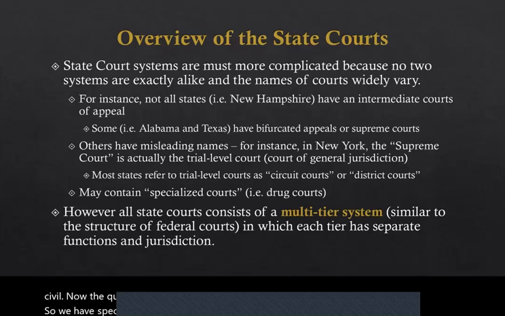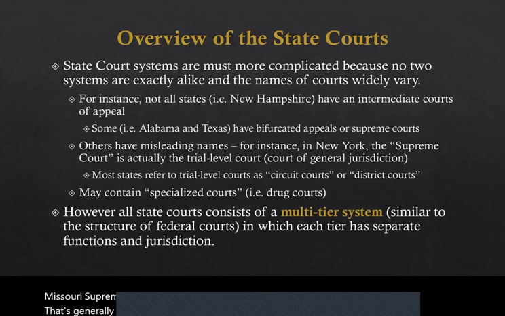Now, that being said, some courts have really misleading names. When we think of Supreme Court, we think of the US Supreme Court, or if we're saying Missouri Supreme Court, we're saying that's the top court in the state, right? That's generally true, except for New York.